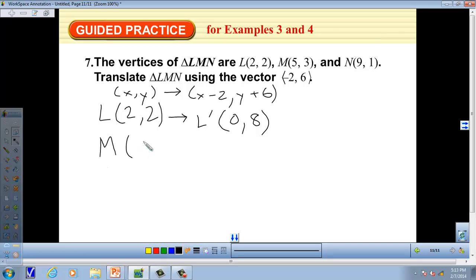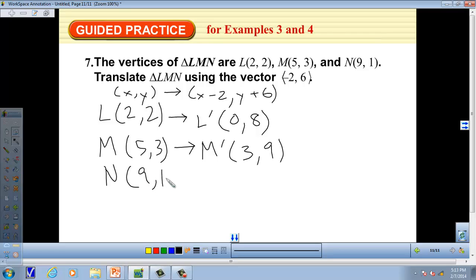M would start out at (5, 3), and would go to 5 minus 2, which is 3, and 3 plus 6, which is 9. And finally, N, which is at (9, 1), becomes N prime. And it's 9 minus 2, which is 7, 1 plus 6, which is also 7.